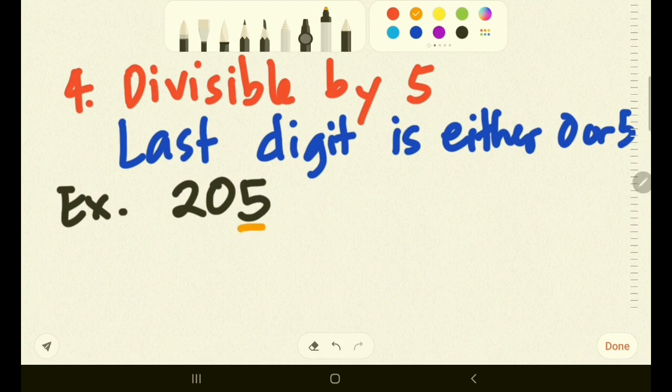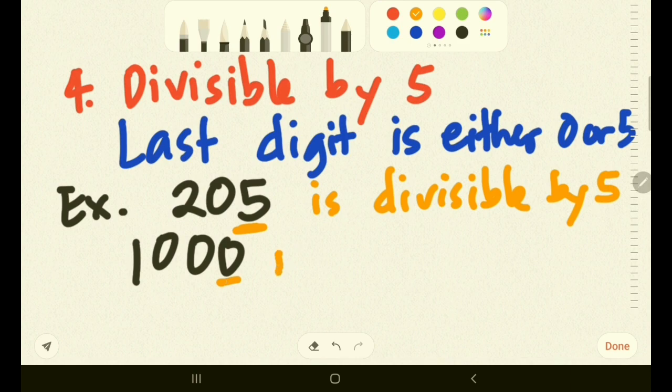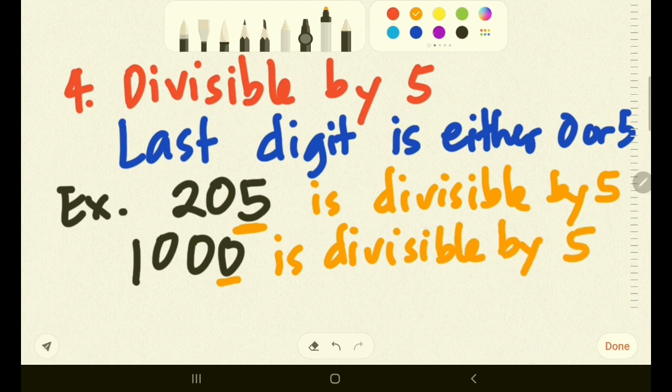This number ends with 5, meaning it is definitely divisible by 5. Another example, 1000. This number ends with 0, so definitely this is divisible by 5.